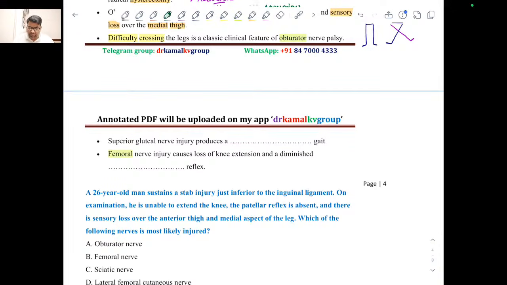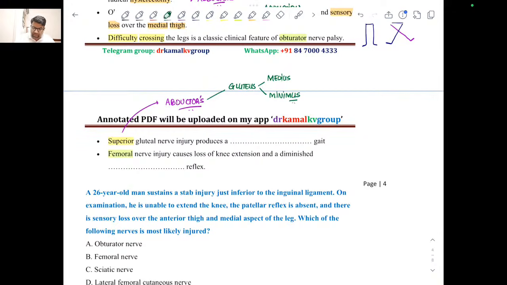Then another nerve which is very important from exam point of view is superior gluteal nerve. Now superior gluteal nerve, it supplies abductors of thigh, namely gluteus medius and gluteus minimus.